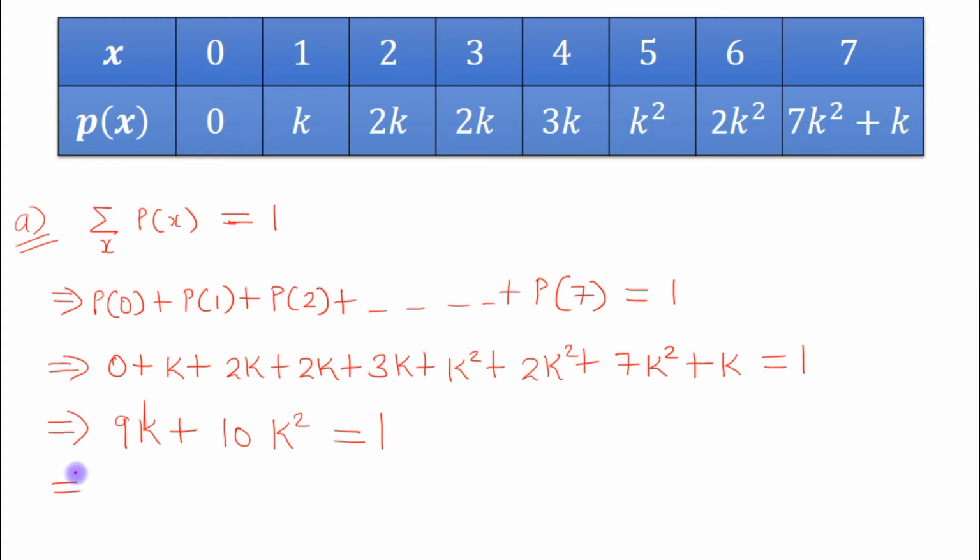In the next step we will write 10k square plus 9k minus 1 equals 0. So the last equation we have is 10k square plus 9k minus 1 equals 0.